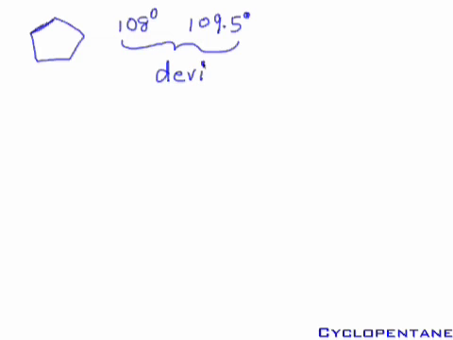Now, we're not going to spend a lot of time looking at cyclopentane, except to say that the bond angles, if cyclopentane were planar, for a pentagon would be 108 degrees. Deviating from 109.5 for sp cubed atoms would generate a deviation of only 1.5 degrees.